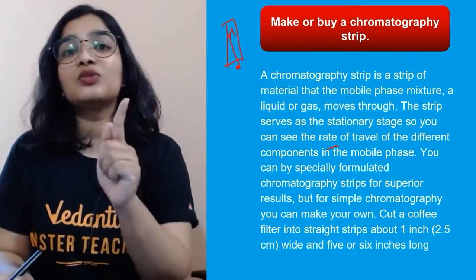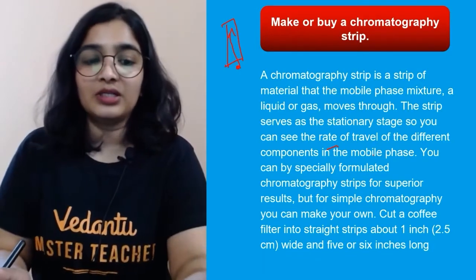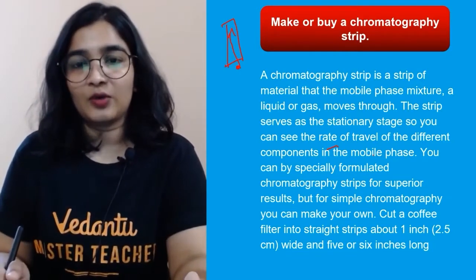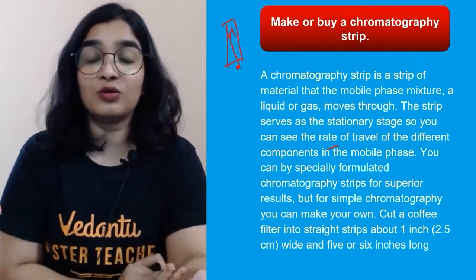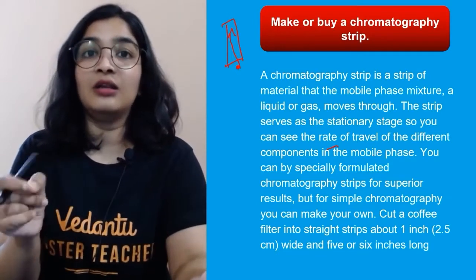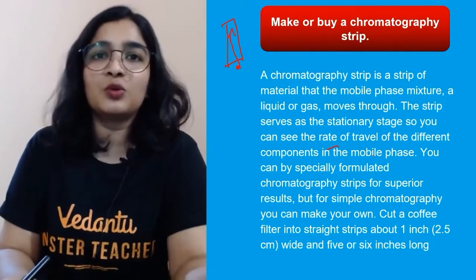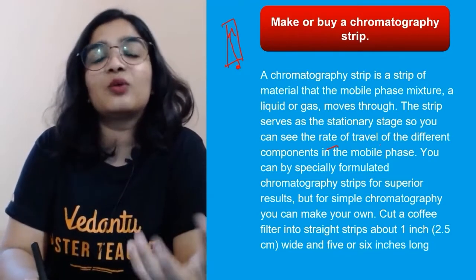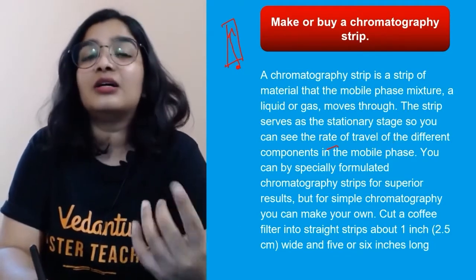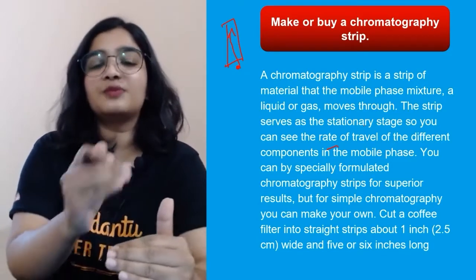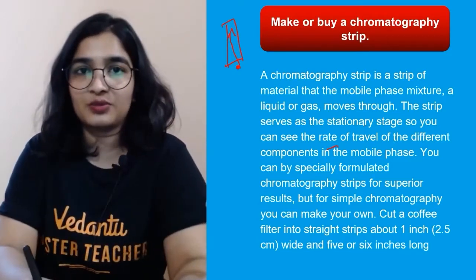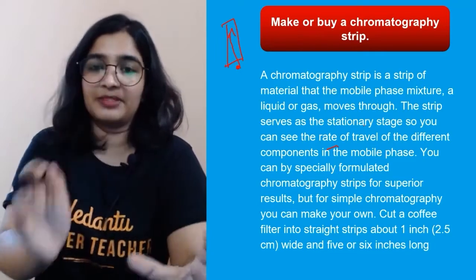There we even use UV light to know how many spots there are. Or you can use iodine, which gives an almost brown color to those spots. These are a few things we use in the laboratory. But here, as we are only dealing with a colored dye, the spots will be very prominently visible to you.